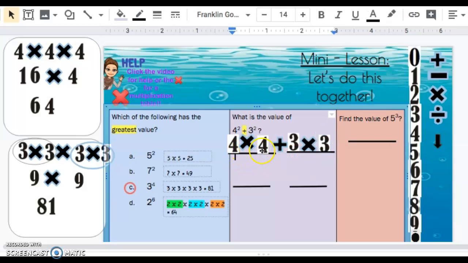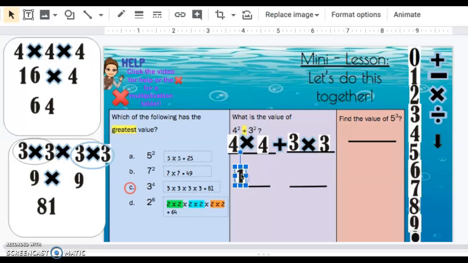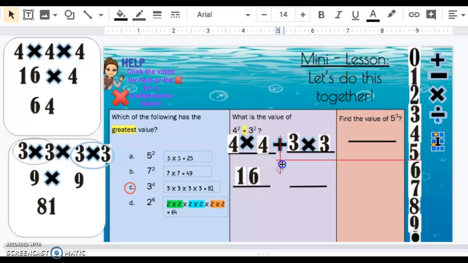Well, 4 times 4, we already determined over here was 16, so we're going to put 16 down. Plus, because that sign just comes down. If it helps, I'll put even an arrow to point that it goes straight down. You just keep moving it down. That's why it's so important to be very neat when you're doing your math work, so you can keep it in line with where it needs to be.